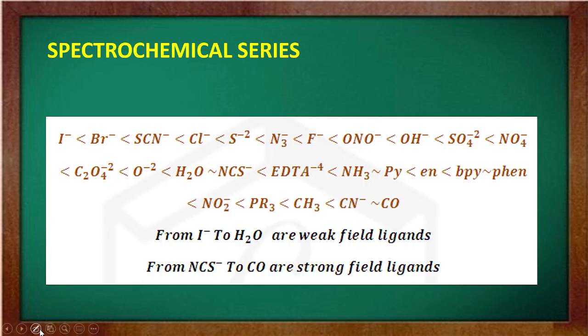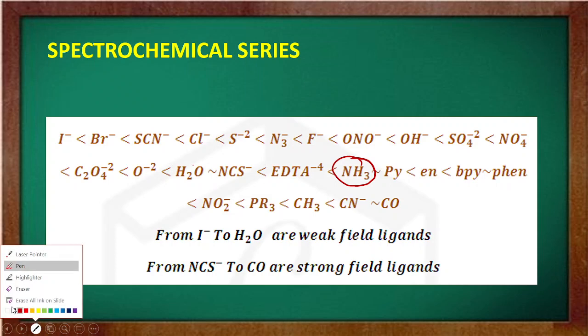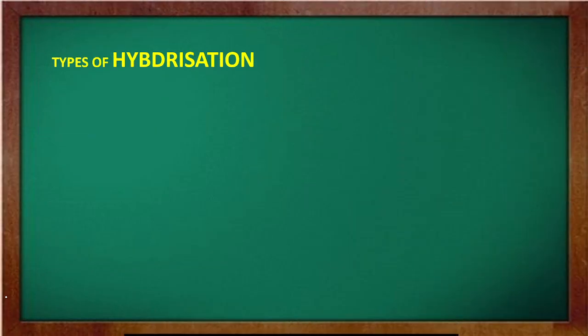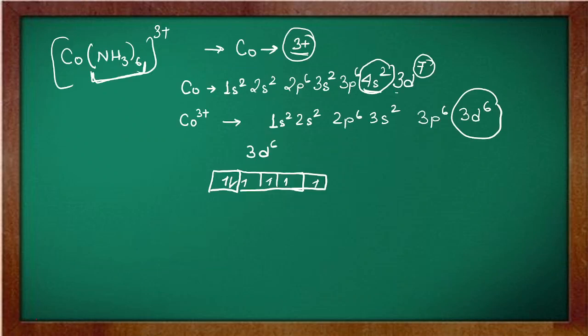So if you pay attention to the chart here, this ammonia is present here. It means that it is a strong field ligand, coming after water in the series. So when you have a strong field ligand, then in that case the electrons present in the d orbital start pairing.